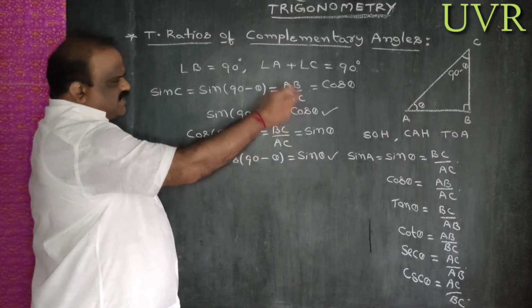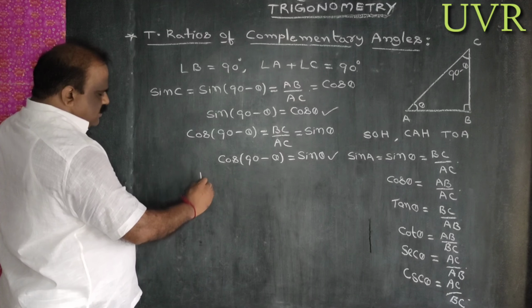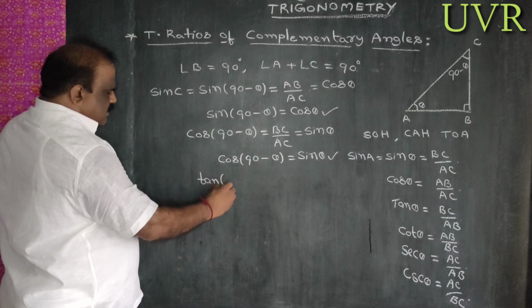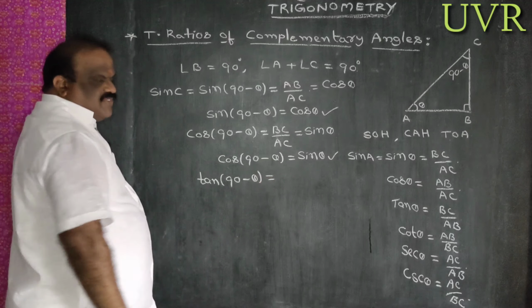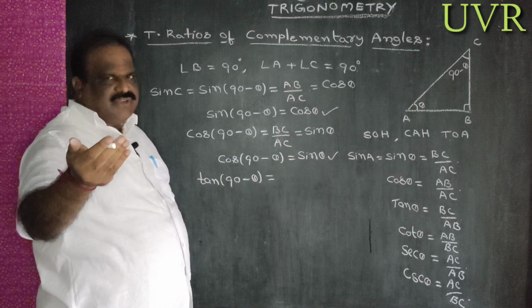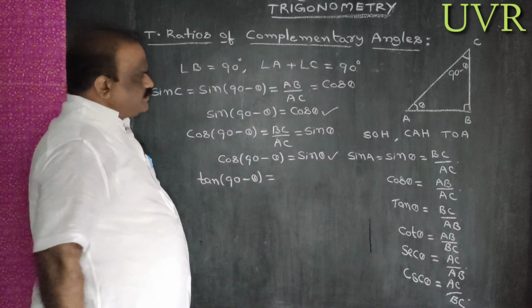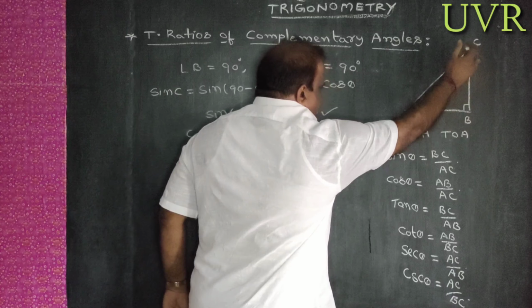Next, the definition of tan. Tan C or tan 90 minus theta. So the definition of tan is the ratio of opposite side and adjacent side. Here it is the opposite side, this is the adjacent side.